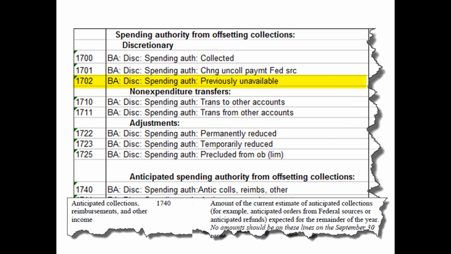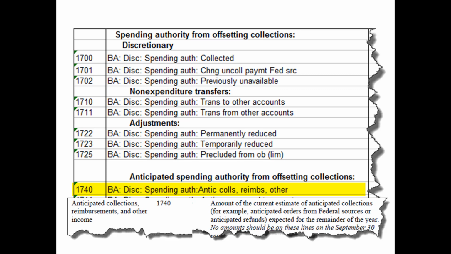The last line in the discretionary spending authority section we're going to cover is 1740, anticipated collections, reimbursements, and other income. This is defined as the current estimate of anticipated collections, for example, anticipated orders from federal sources or anticipated refunds, expected for the remainder of the year. At the beginning of the fiscal year, anticipated collections would appear on line 1740.